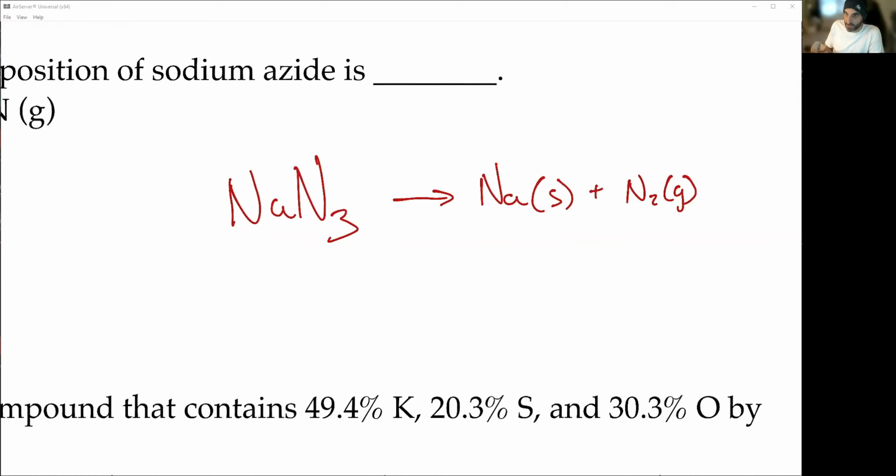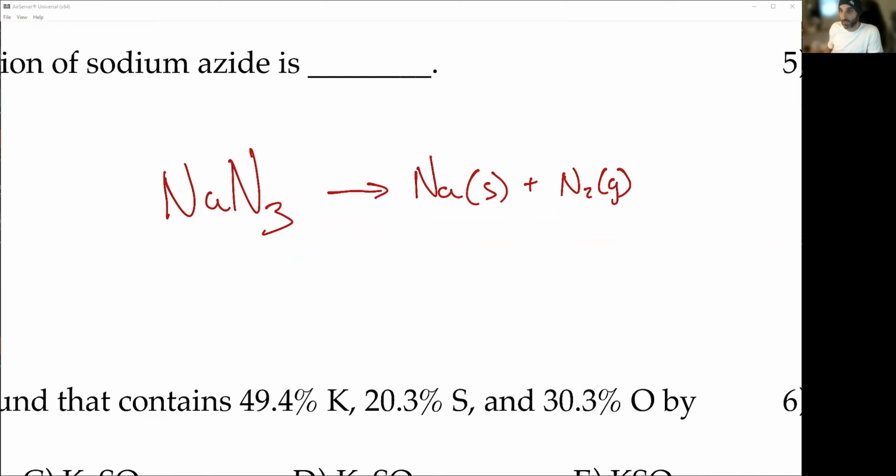If it's breaking down into its elements, and that seems to be what it's doing in all of the answers, that's what we should end up with. Now it's not balanced yet, but we can take care of that. I'm going to put a 3 in front of here, 2 in front of there, and we need 2, 2, 3, but 2 sodiums, 6 nitrogens on both sides by doing that.